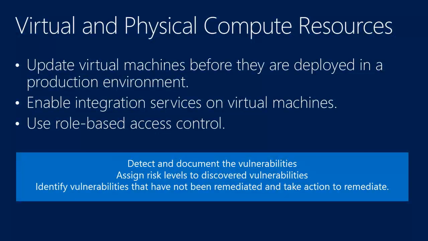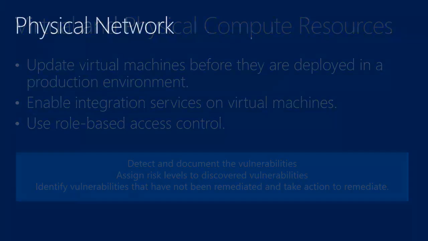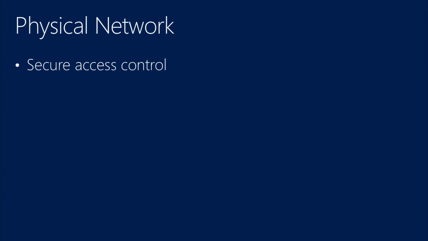Identify vulnerabilities that have not been remediated and take actions, or at least have a plan of action to remediate in the future. So for every single assessment that you do, make sure that you finish the assessment covering those 3 core aspects. For the physical network, the same thing. Use secure access control. Then you can use port ACLs on Hyper-V.